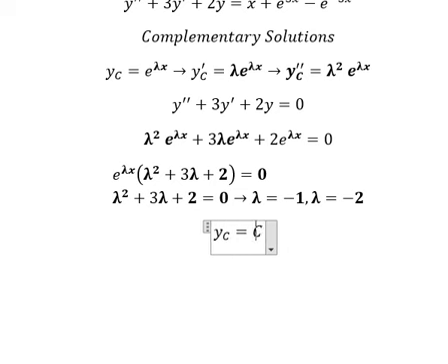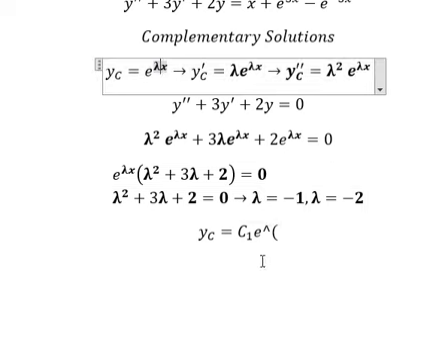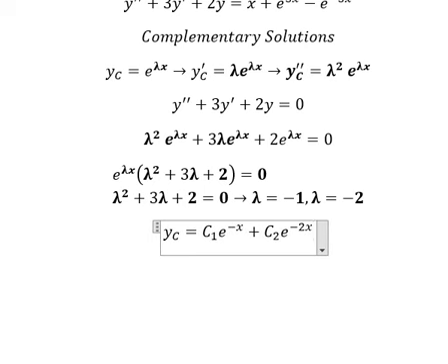That is about c number 1, the constant number 1, e to the power of negative s, because we change negative number 1 go in here. So we have negative s, and we have c number 2, e to the power of negative 2s. And this is about complementary solutions.